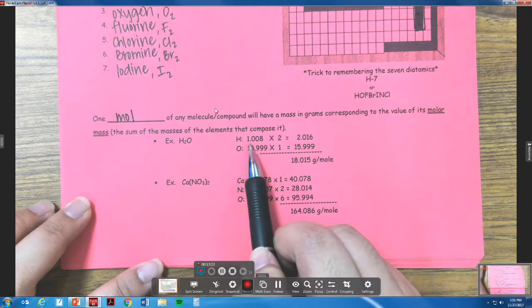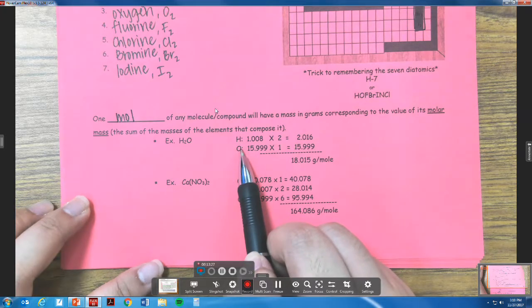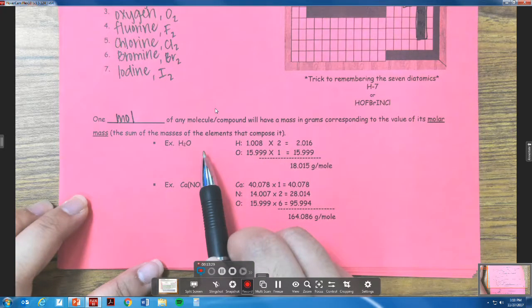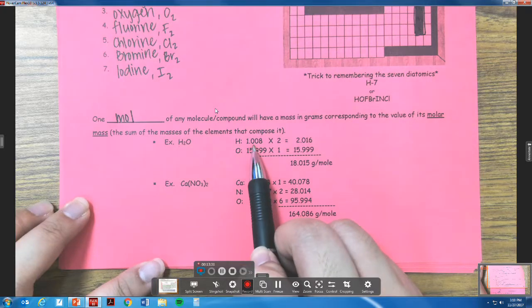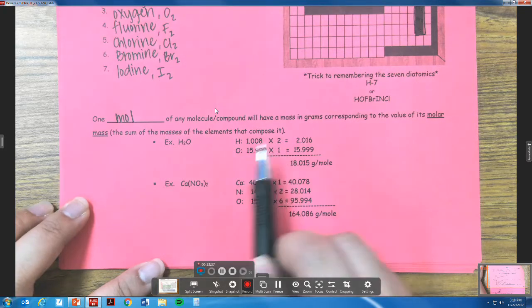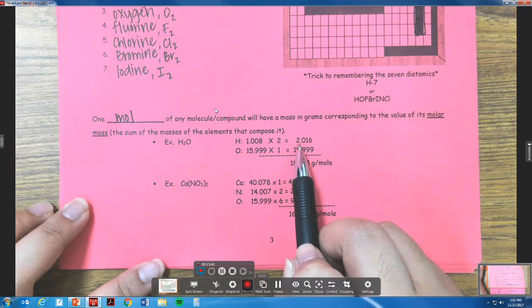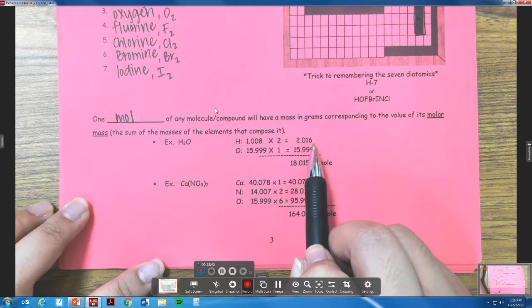Well, first off, hydrogen and oxygen are the only 2 elements that we have for H2O. Hydrogen has the atomic mass of 1.008, and we're going to multiply it by 2 because that's how many hydrogens we have. When we multiply that, we get 2.016.